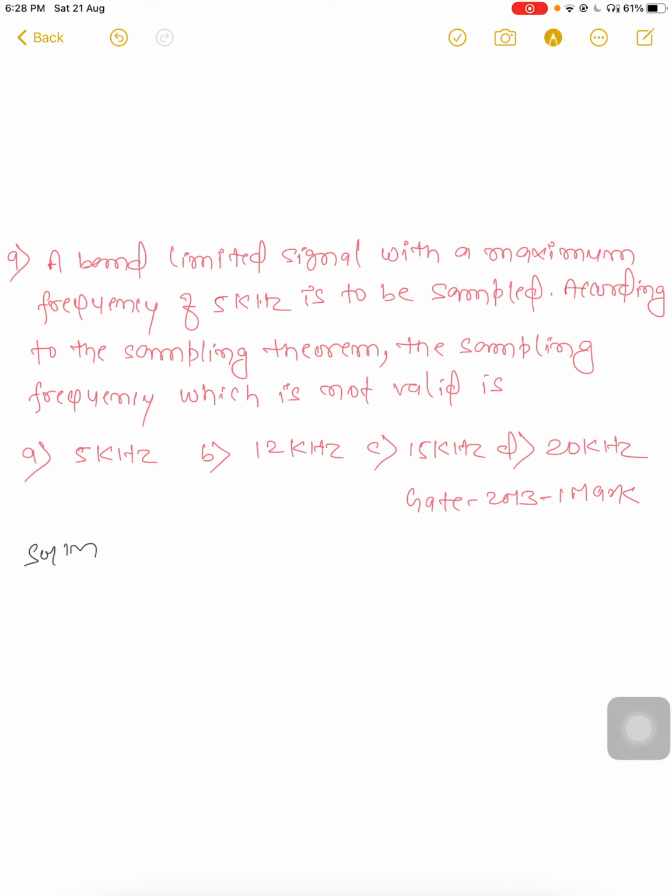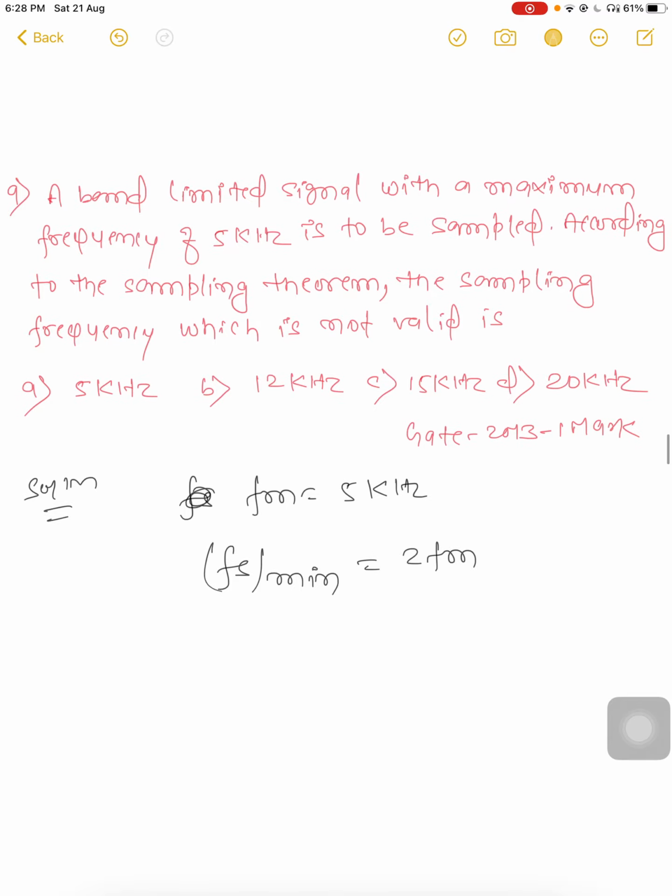A band limited signal has maximum frequency fm, given as 5 kHz. According to the sampling theorem, fs minimum should be 2 fm. We know that.